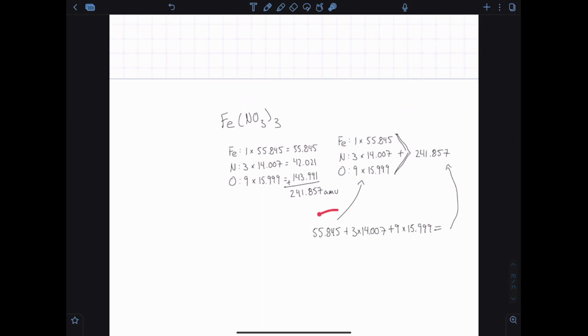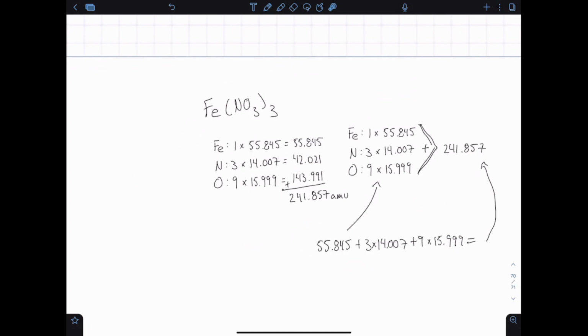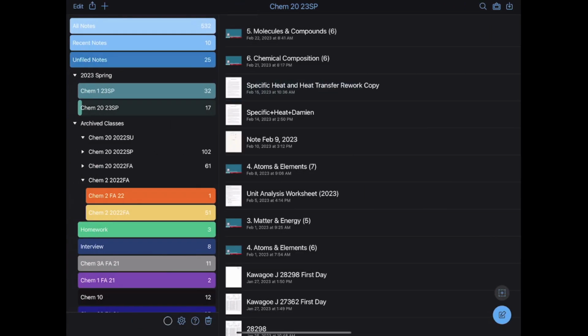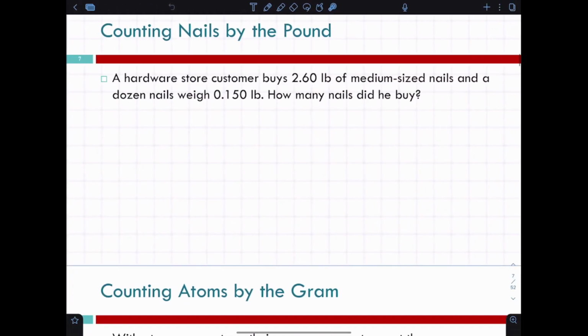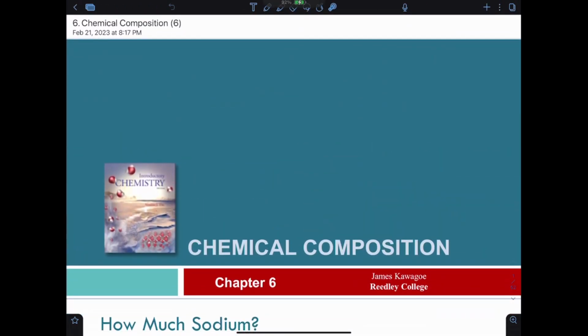Double check that plugging it into your calculator this way versus doing it this way gives you the same answer. I'm not saying just take my word for it. I want you to try it out too. Okay, let's go to the next chapter then.